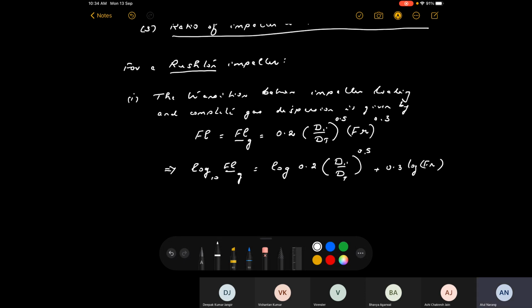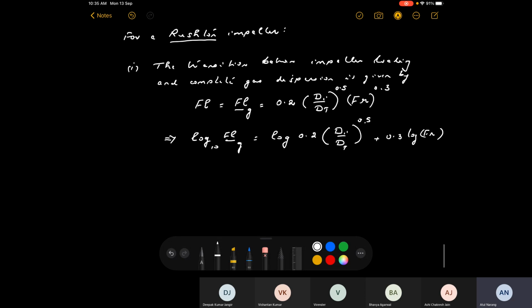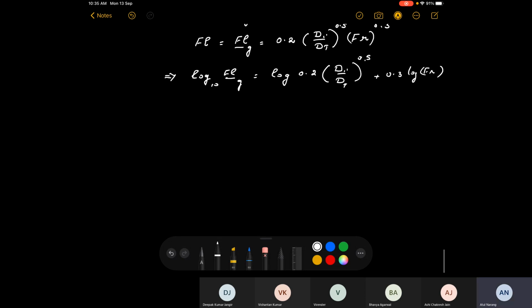Actually, what I am trying to show you, maybe I should make a diagram here. This has the Froude number over here and the gas flow number over here. We are assuming that di over dt is fixed.